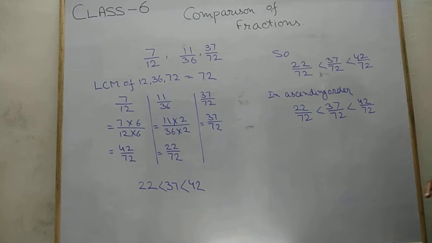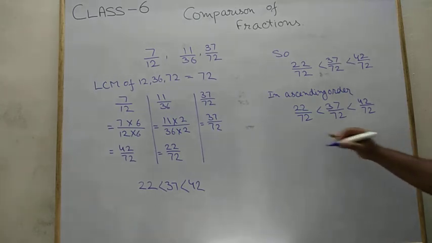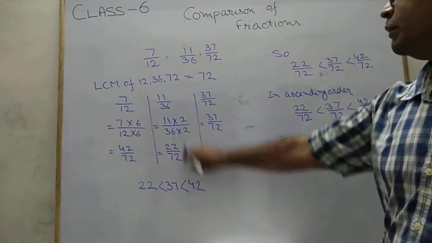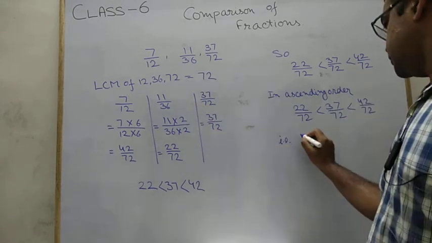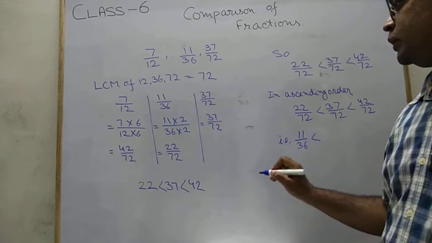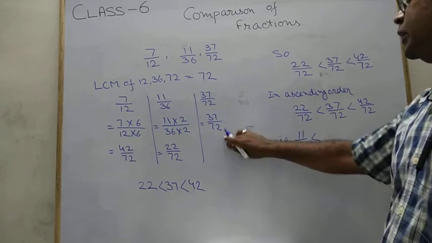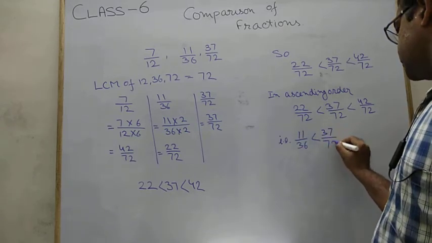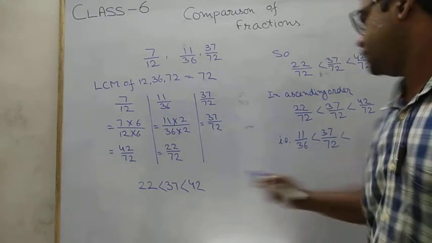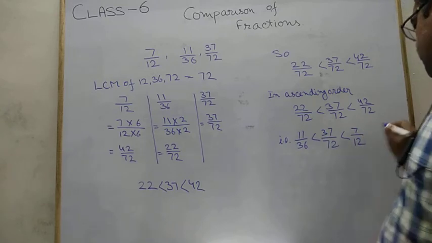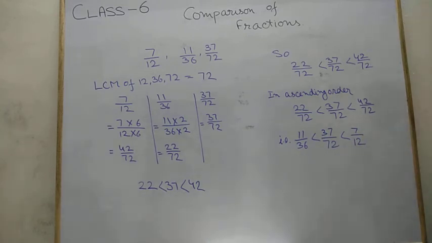Now we can write down the actual fractions. 22 upon 72 is 11 upon 36, smaller than this one, and this is the same, and then this part, that is 7 upon 12. This is your solution for ascending order.